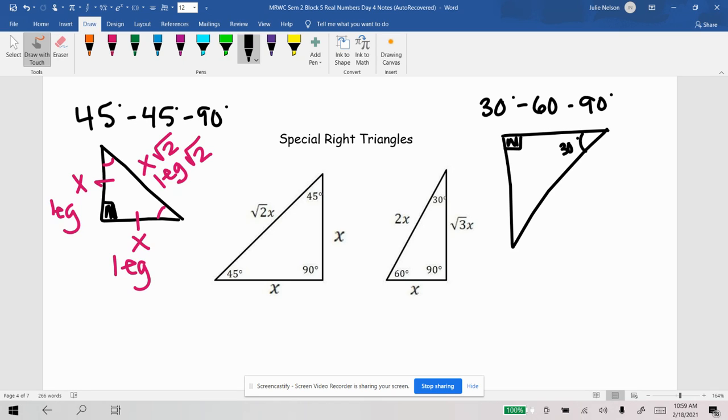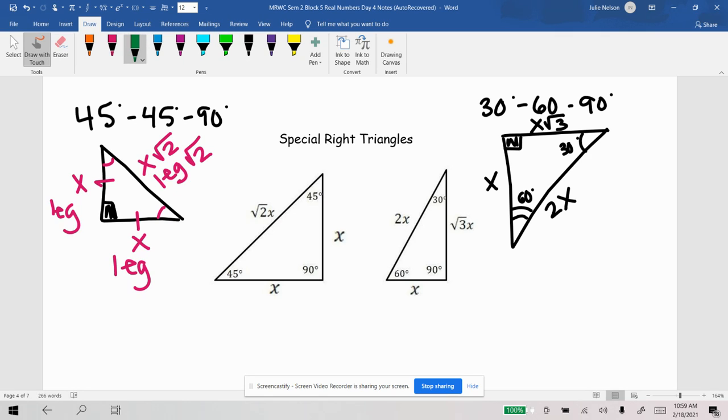And we call that X. The hypotenuse, which is the longest side, is always 2X. And the 60 degree angle, which is the medium size leg, that is always X square root of 3.